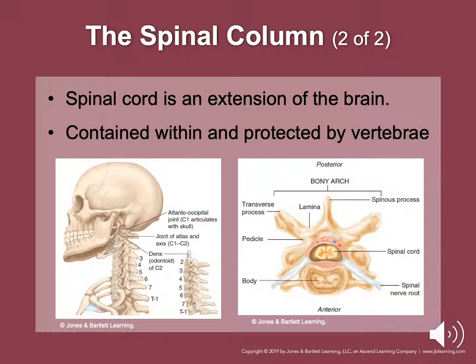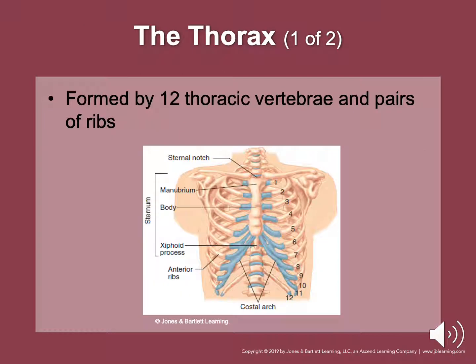All right, the thorax is formed by 12 thoracic vertebrae and pairs of ribs. The boundaries of the thorax are the rib cage anteriorly, superiorly, and posteriorly, and the diaphragm inferiorly. The anterior midline of the chest is the sternum.